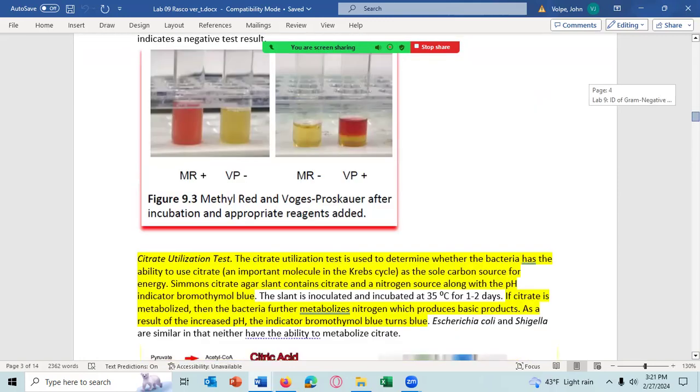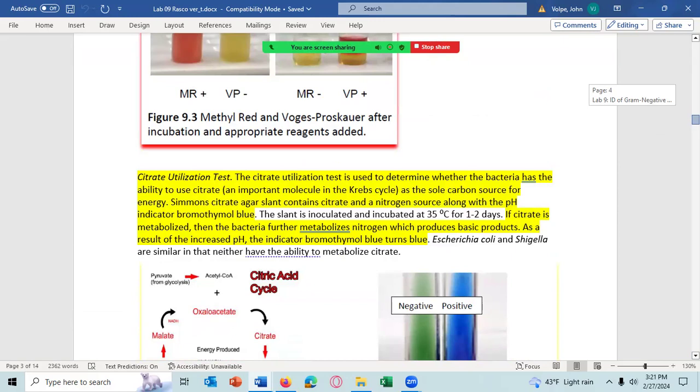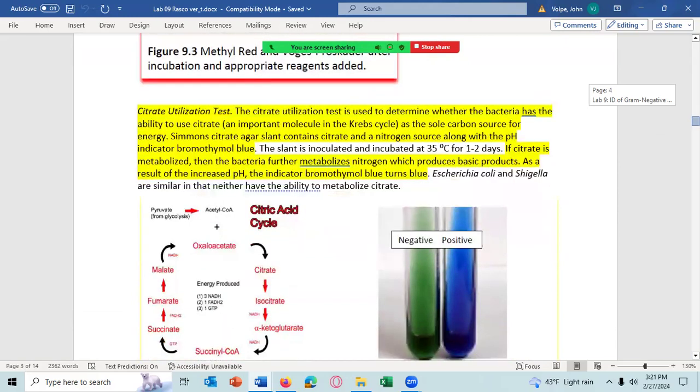All right. Let's move on to the citrate utilization test. This test is used to determine whether the bacteria tested can use citrate as its sole carbon source. So in this tube, the only carbon is the molecule citrate, which, if you remember, is in the Krebs cycle shown here.